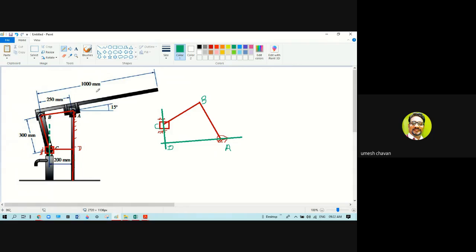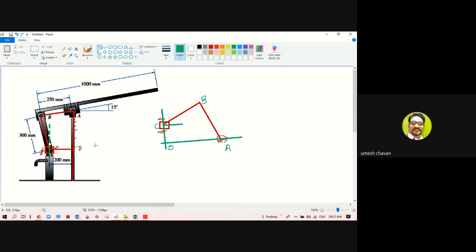Now, when the mechanism moves, this is the axis of the cylinder. This is the axis. In this direction, it is going to reciprocate. So this distance is going to vary. But if you look at the loop of this mechanism, EBCD is the loop. In that, CD is a constant distance, that is 200.